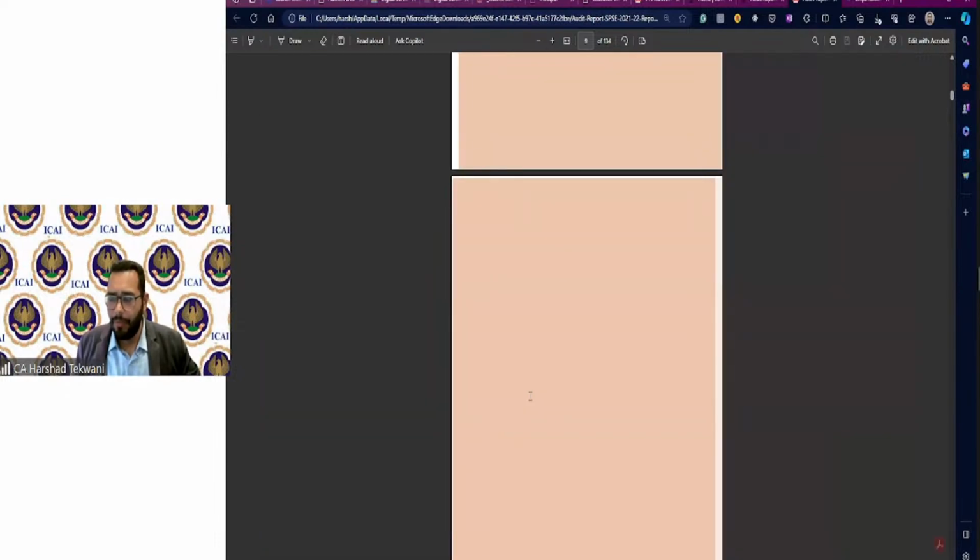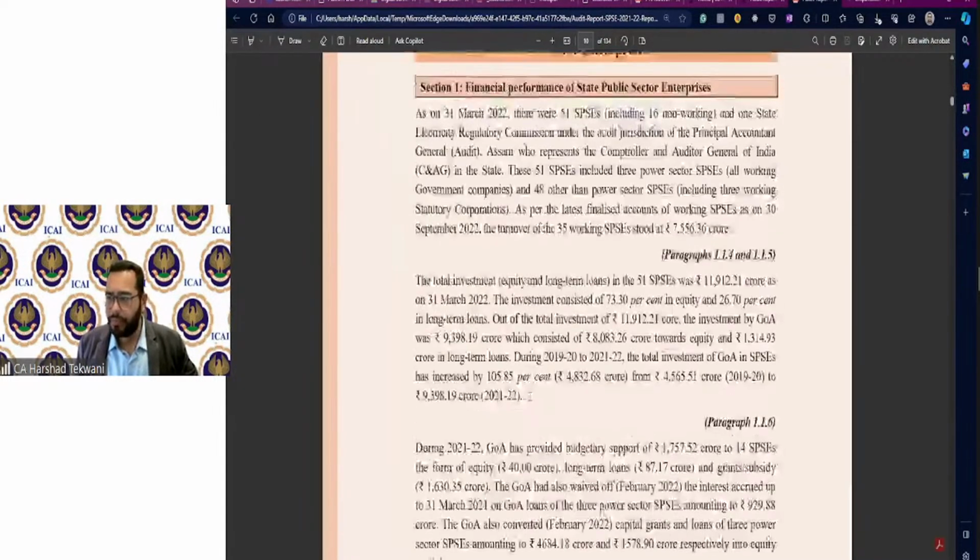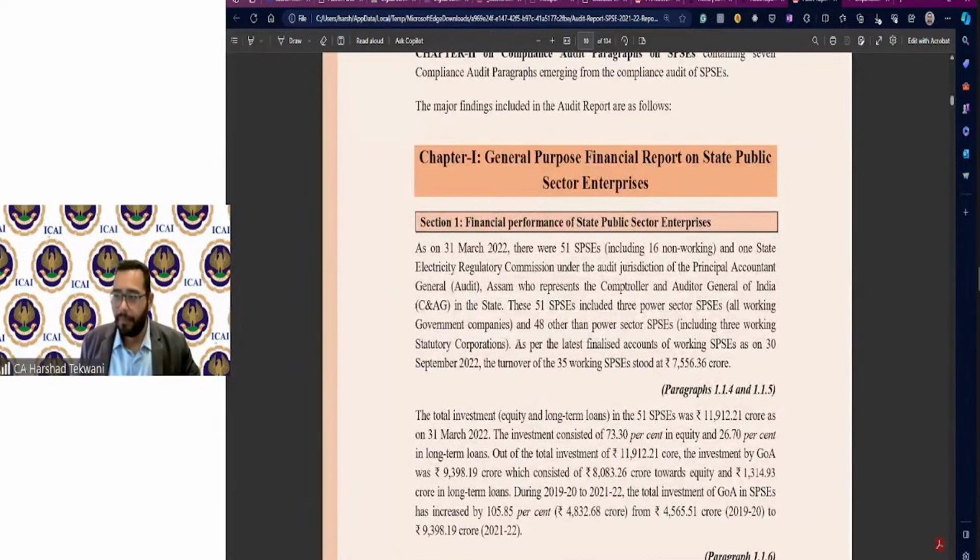If I show you some overview on this, just to show you an overview. As of March, 51 state public sector enterprises were audited: 51, 16 non-working, and 1 electricity regulatory commission.